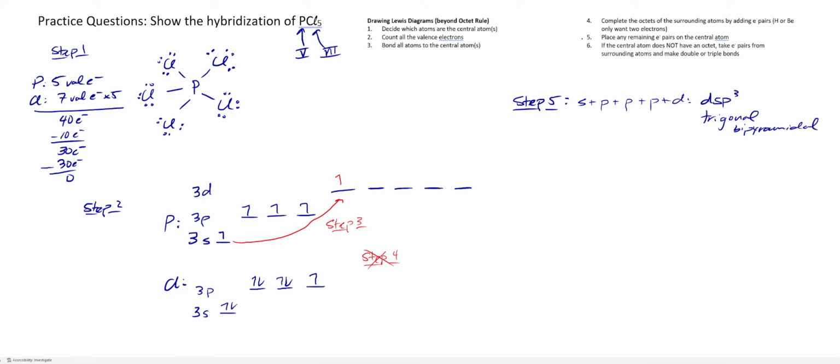Okay, great. And so now I do my hybrid orbitals. Each of these are DSP3 hybrid orbitals, and they all have an unpaired electron spin. Chlorine is 3s and 3p.